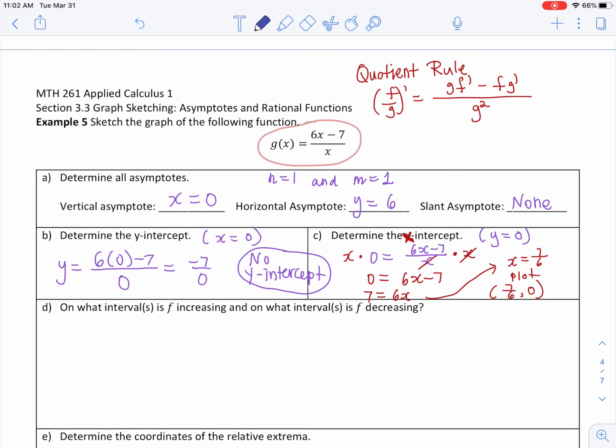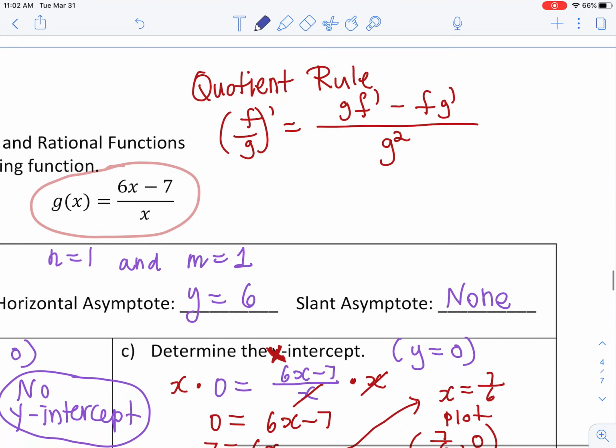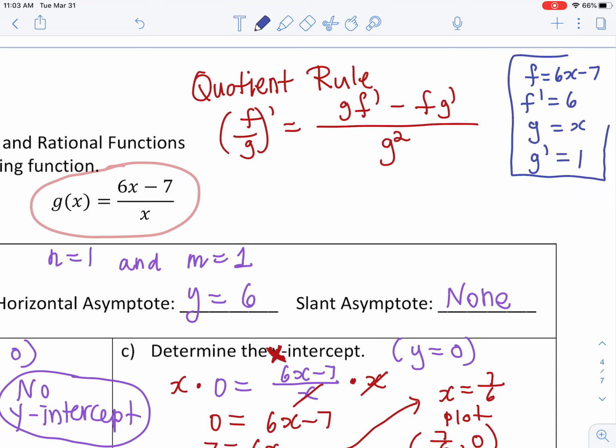Let's list our f and g here. f is equal to 6x minus 7. f prime is equal to 6. g is equal to x, so g prime is equal to 1. Now you've got all your pieces listed. Oh, I love this problem. Let's find g prime of x by using this quotient rule.